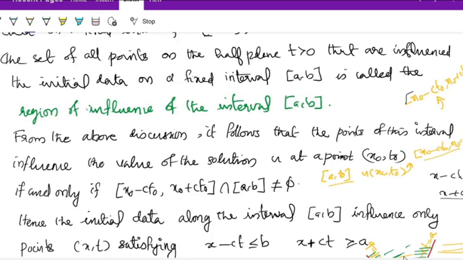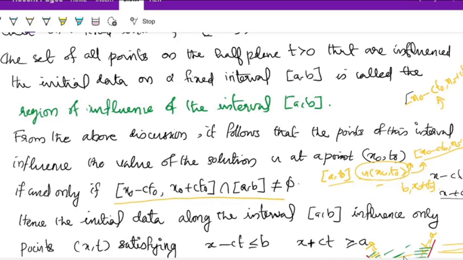So the points in the closed interval AB will influence the value of u at (x0, t0) if and only if the closed interval AB has a non-empty intersection with the characteristic base, x0 minus c t0 to x0 plus c t0. Okay, so that is explained here.